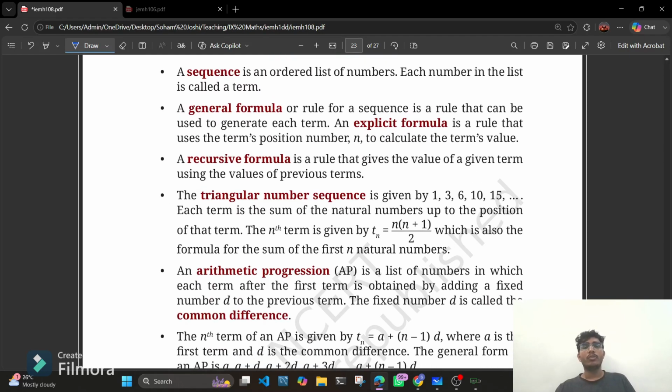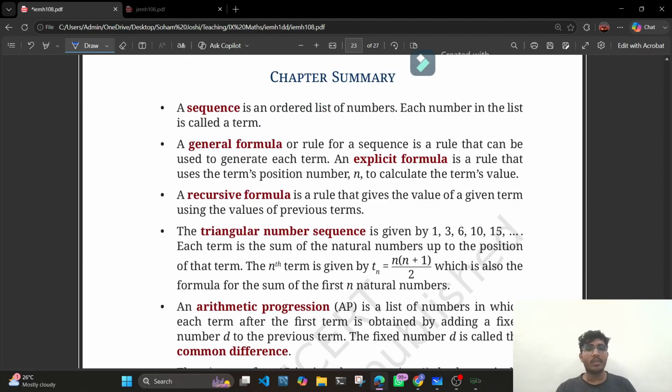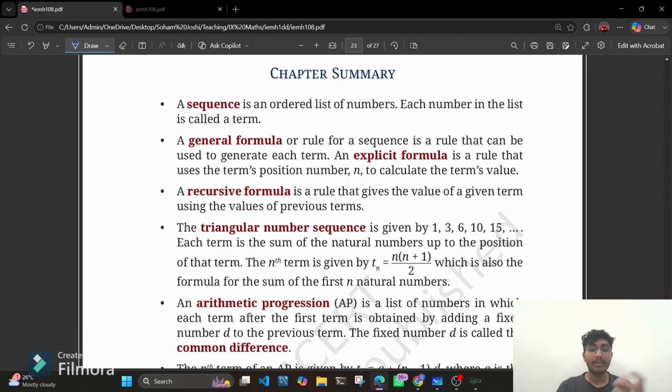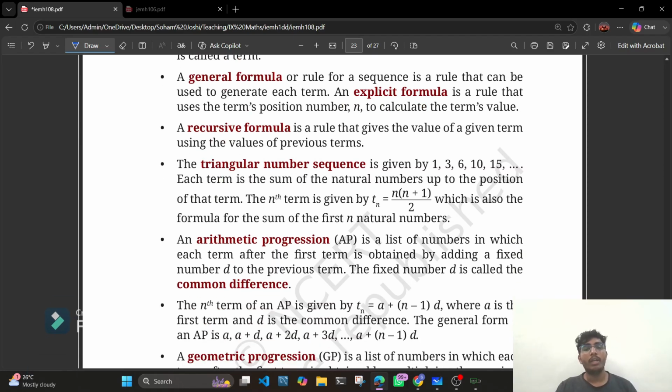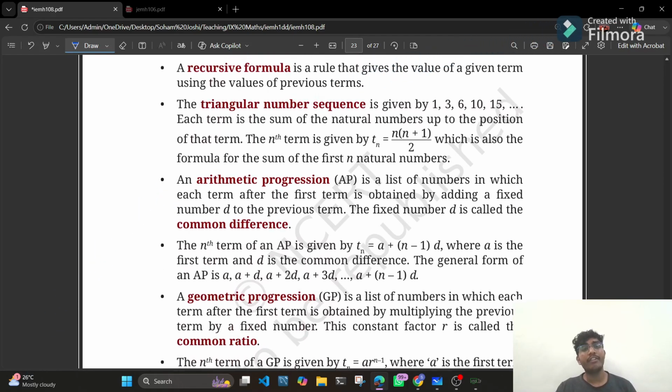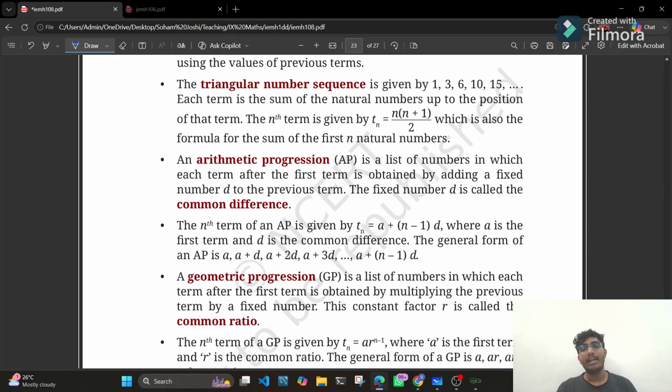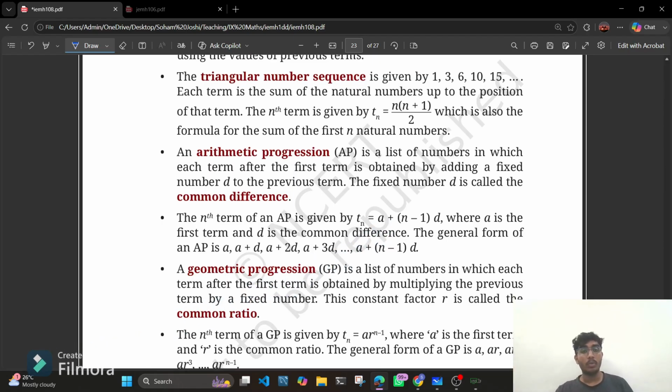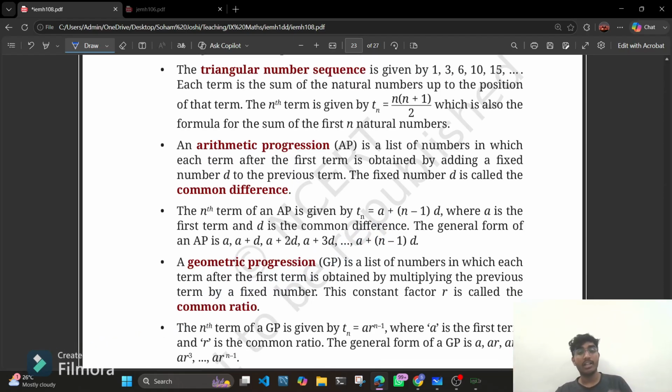Here we have a short summary: a sequence is an ordered list of numbers. Then we have a general formula to write a sequence, and an explicit formula to know the value of the nth term. Then we have a recursive formula that gives the value of a given term using the values of previous terms. Then we have the triangular number sequence, also represented as Tn = n(n+1)/2, which is the sum of natural numbers.